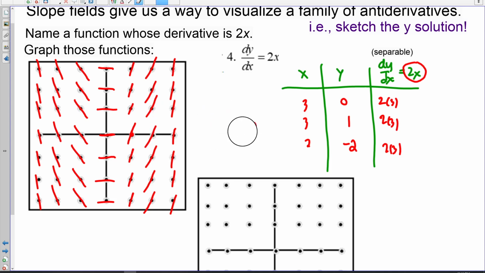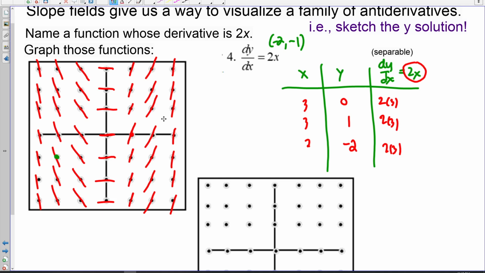And so what would happen is I'm given a point. What if the initial condition were, let's say, 2, 2? Actually, let me do something a little harder: initial condition negative 2, negative 1. Then I go to that point, negative 2, negative 1, and put a big dot on it.